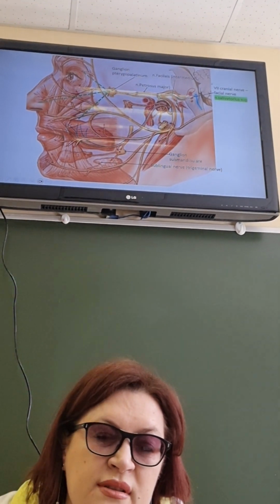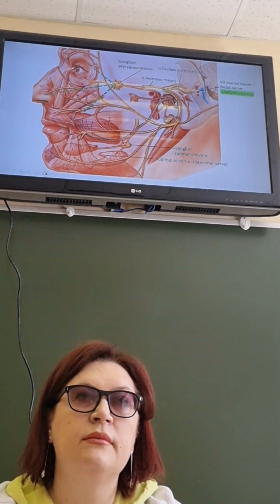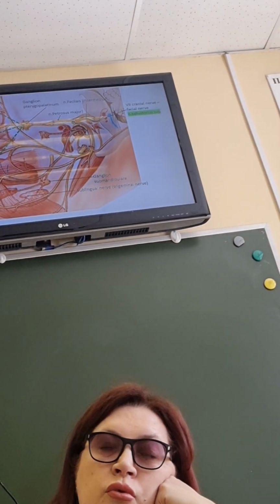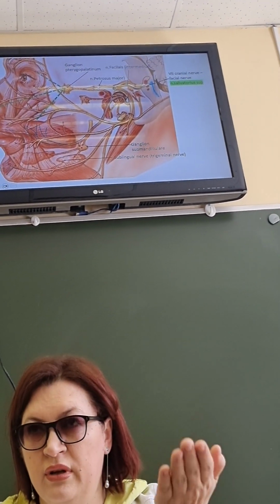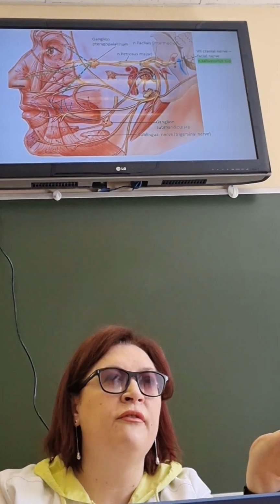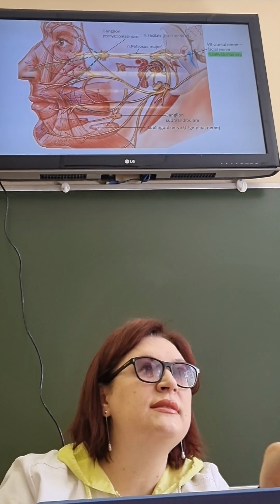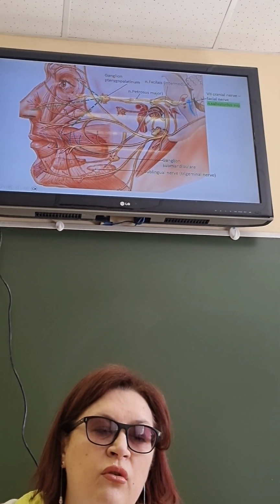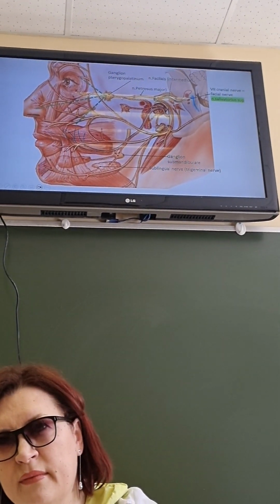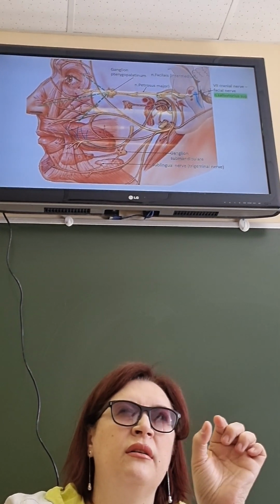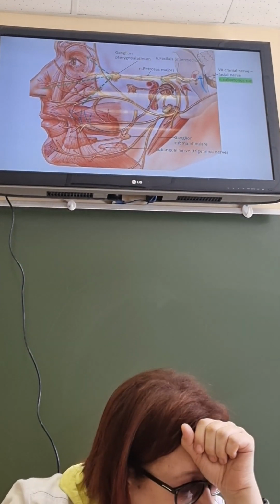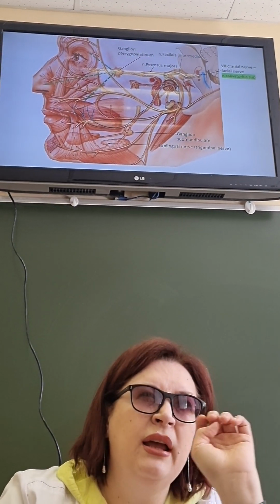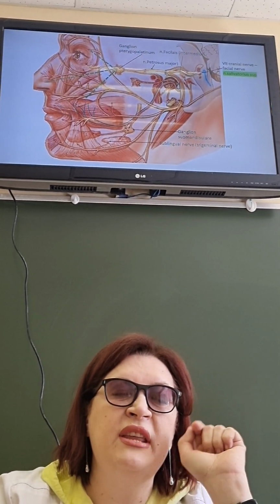Preganglionic fibers together with the facial nerve leave the brain stem and go to the facial canal. Inside the facial canal, the facial nerve gives its first branch, the greater petrosal nerve. The greater petrosal nerve is functionally vegetative parasympathetic. It passes through the hiatus, through the groove, reaches the foramen lacerum, passes through the canal, and goes to the pterygopalatine fossa.